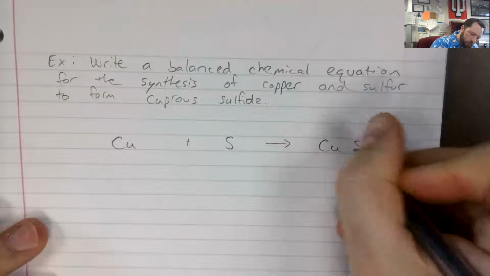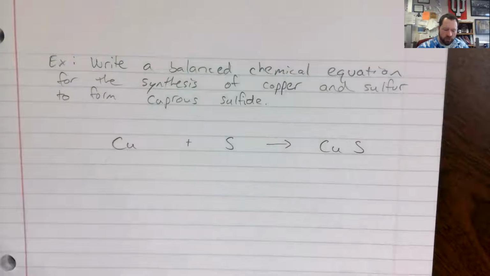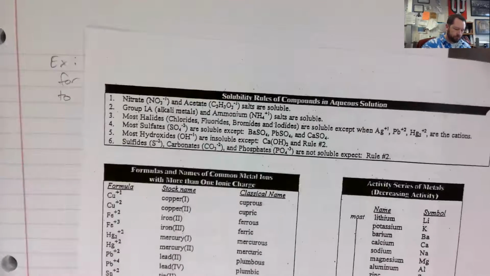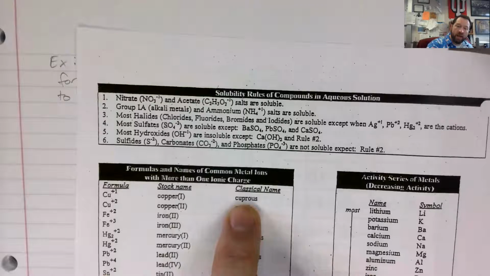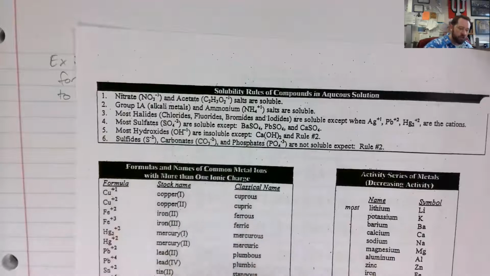yields cuprous sulfide. Is the fact that it's cuprous important? Absolutely. On the back of your periodic table, copper could form two different ions, either cuprous or cupric. We're working with cuprous, which has a +1 charge.